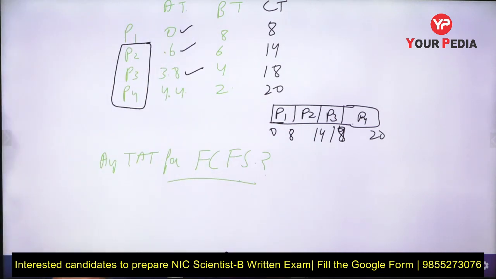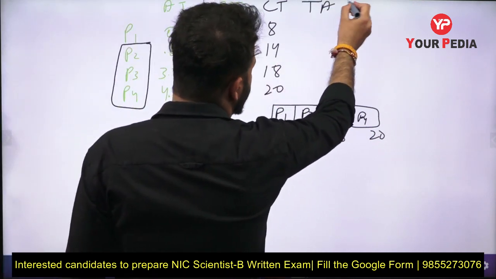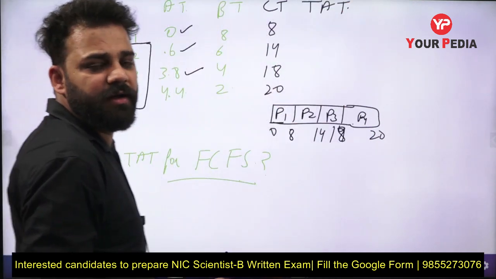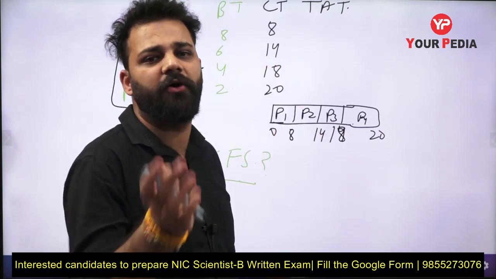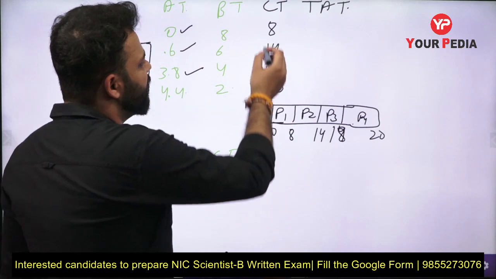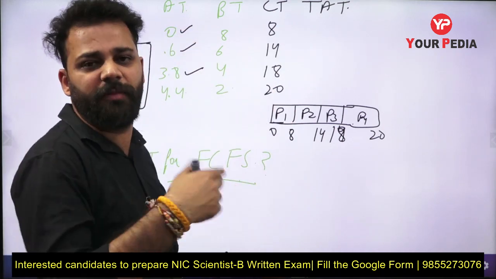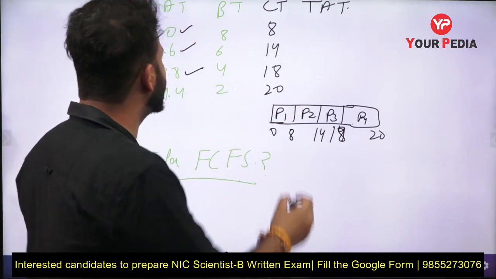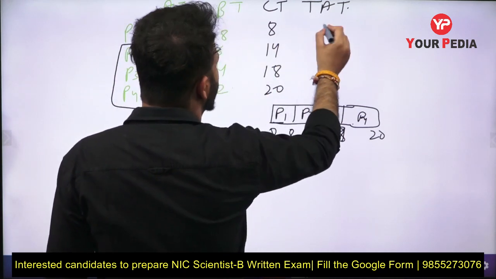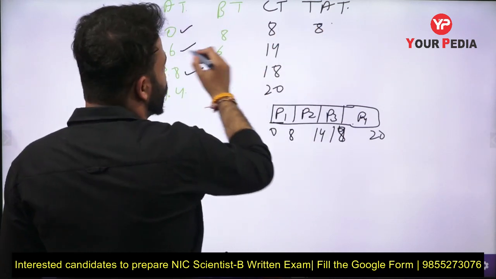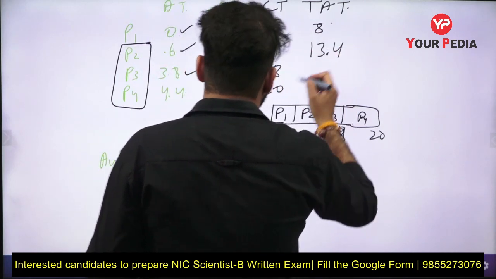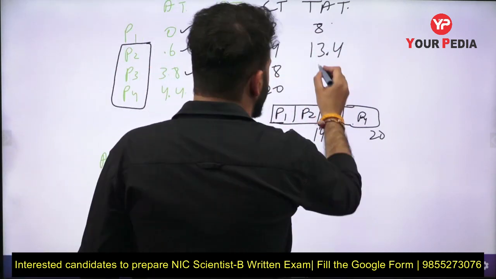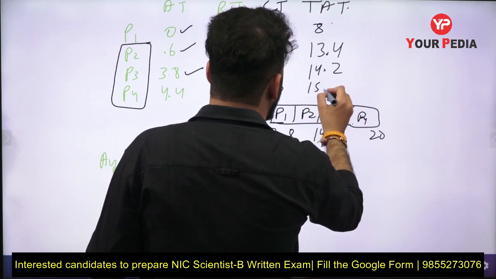Now the turnaround time is the time that a job spends in the system, whether it is waiting or executing. So it is completion time minus arrival time. That is 8 minus 0, 14 minus 0.6 is 13.4, 18 minus 3.8 is 14.2, and then 15.6.